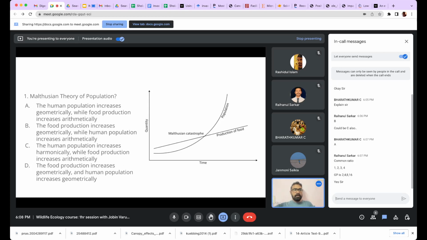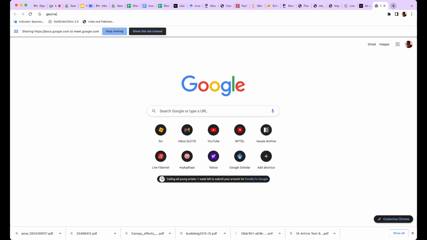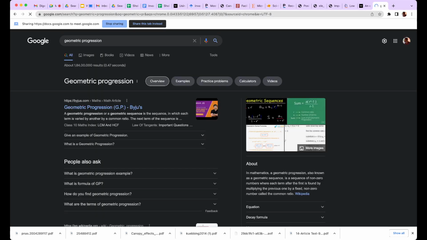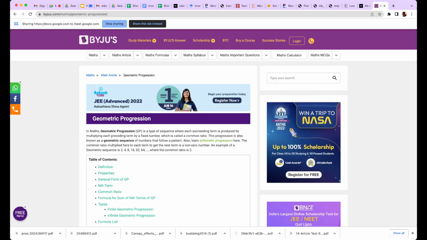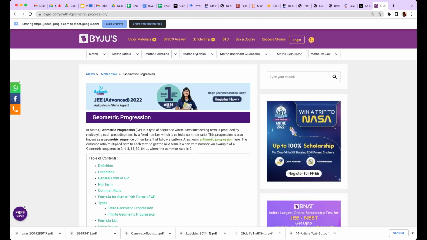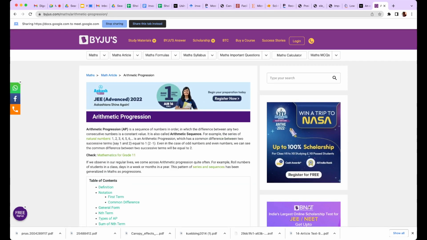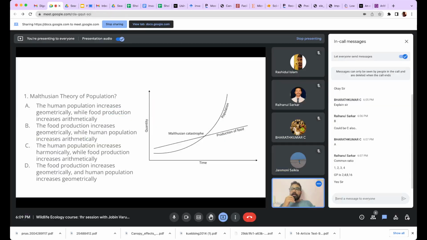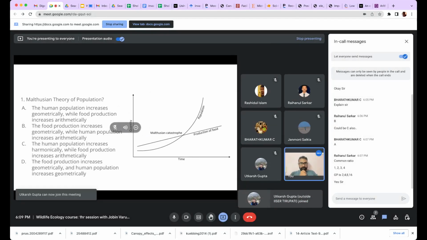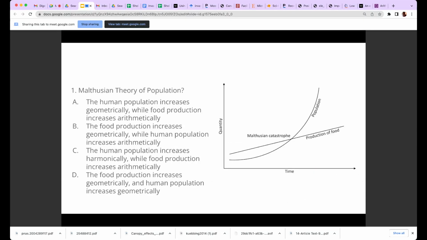Wait, I have to confirm something. Geometric. Okay. So yeah, if geometric progression is 2, 4, 8, 16, and arithmetic is 1, 2, 3, then which graph denotes what in this particular question?